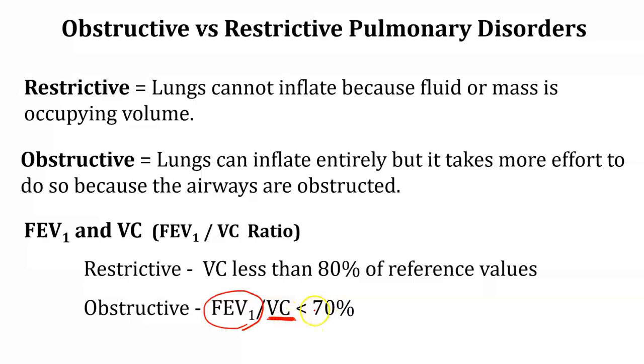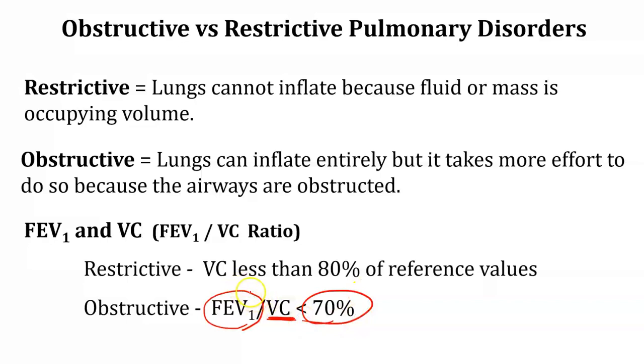Normally it's about 80%. In other words, if you breathe out forcefully, you should be able to get rid of 80% of your air within a second. And if you're getting out less than 70% of your air in a second, then there's a problem.